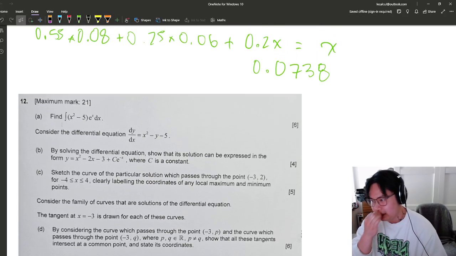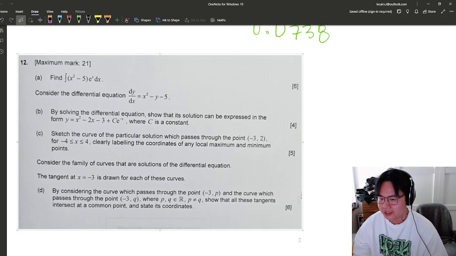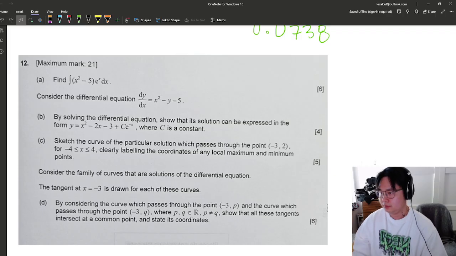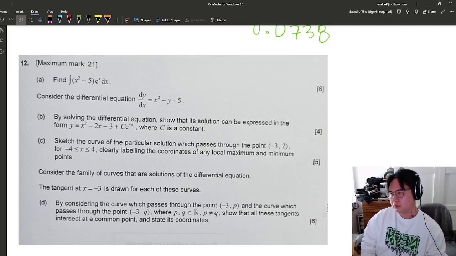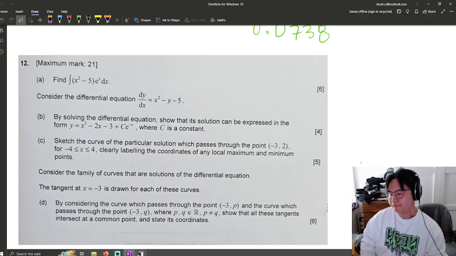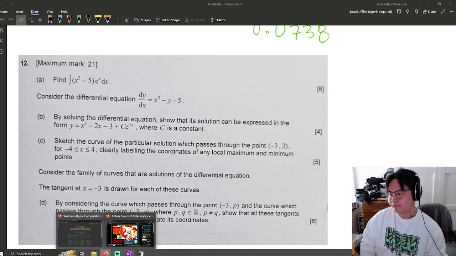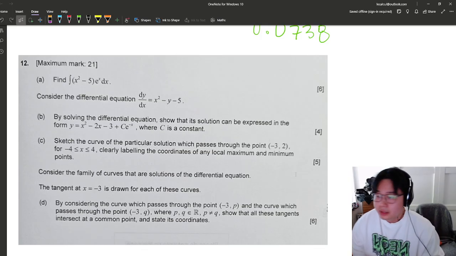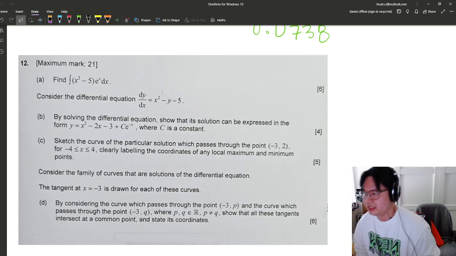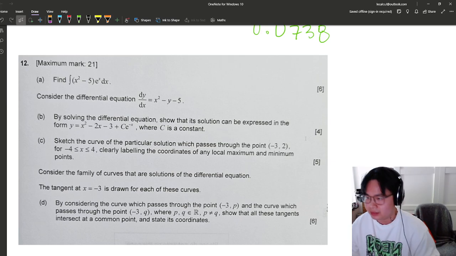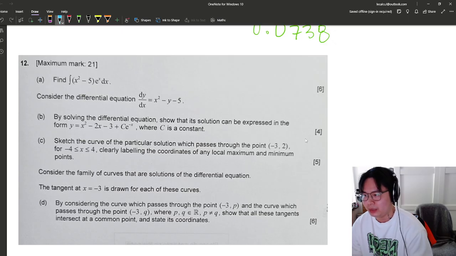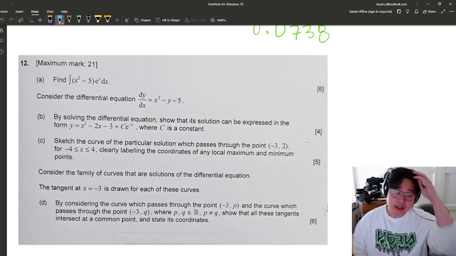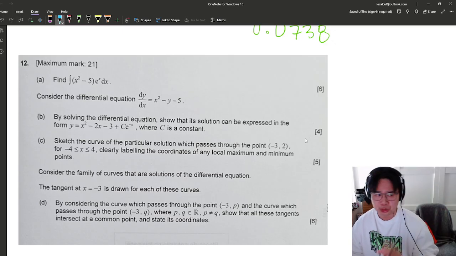Okay, this looks like an integrating factor question. Okay, find this integral. This is going to be integration by parts. I forget the saying. If you have parts, there's an order of what you make U and which one's dV.